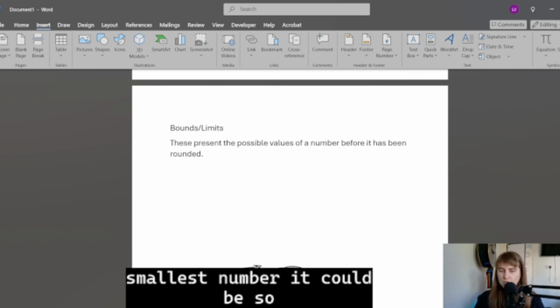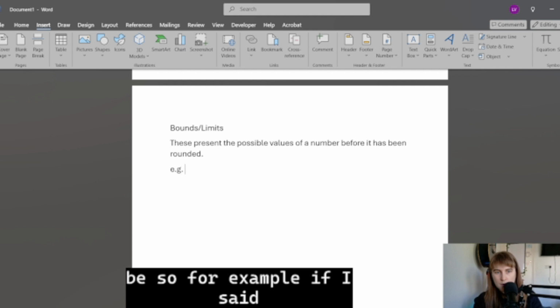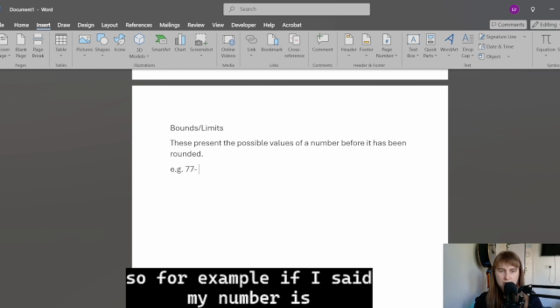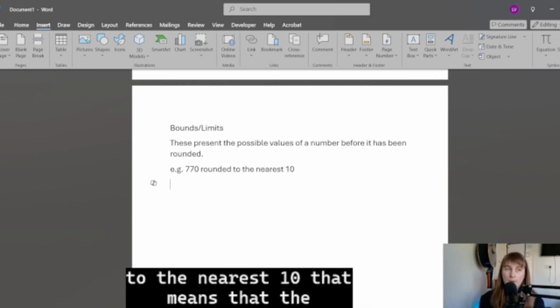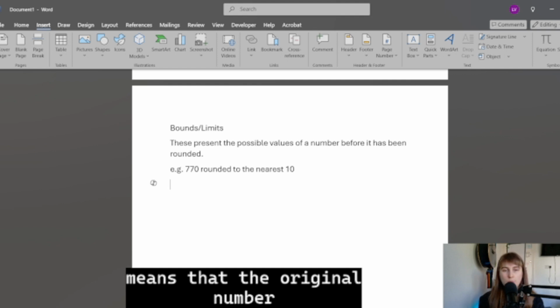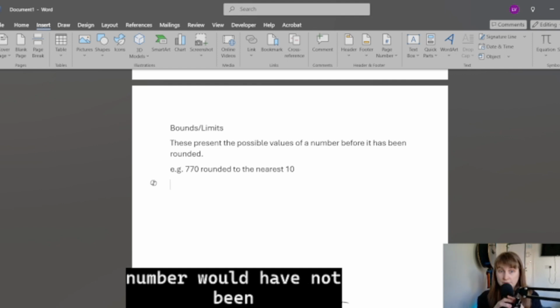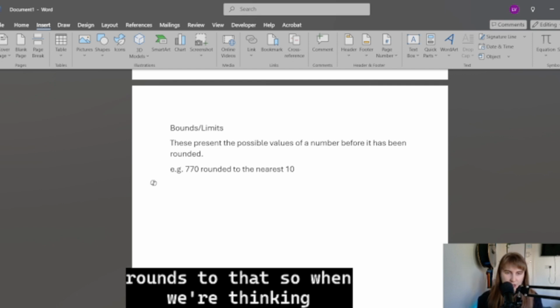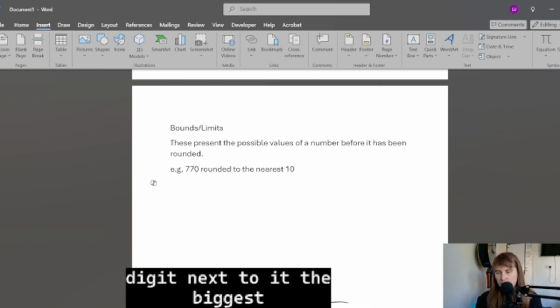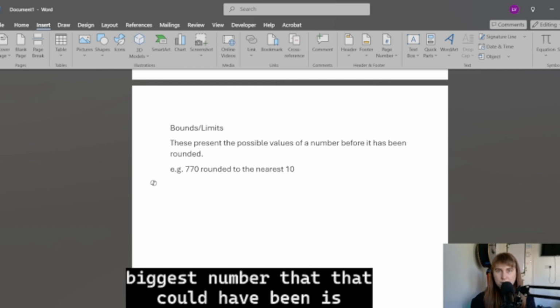So, for example, if I said my number is 770 rounded to the nearest 10, that means that the original number would not have been 770. It would have been something that rounds to that. So when we're thinking about the digit next to it, the biggest number that could have been is 774, right?